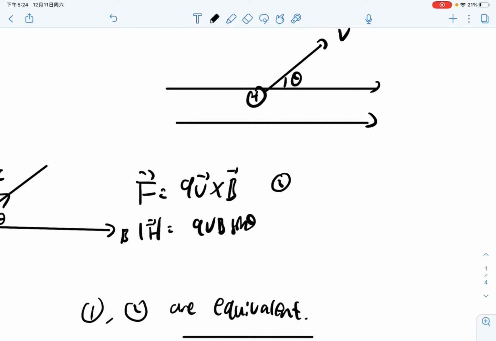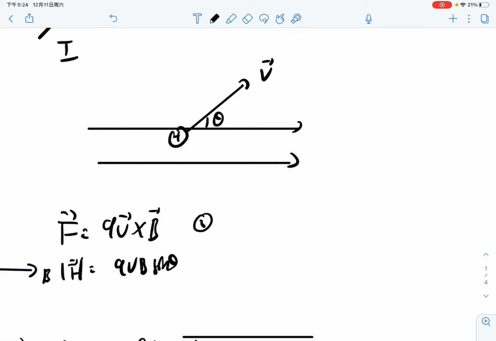And the direction you can see is from the right-hand rule. In this case, q is positive, and v is in this direction, so use your palm and fold it in that direction. And you can see the thumb is going into the page.